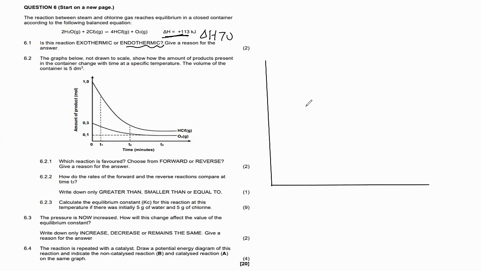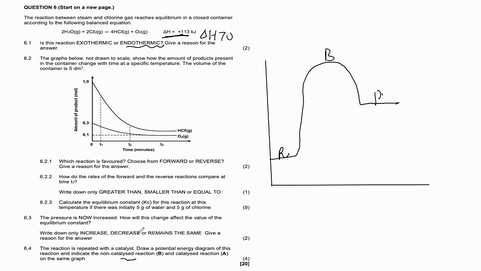So in endothermic, this is where the energy of the products will be greater than the energy of the reactants. So we have our reactants here and then our products there, right? So, okay, if we are to say this is the original one here, we need to label it B because it's the one that is without the catalyst, the non-catalyzed.